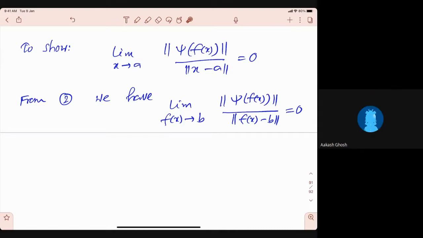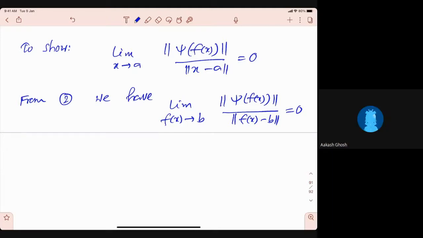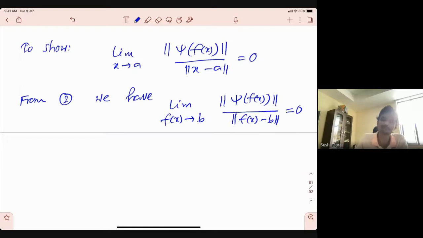Is this fine? Sir, could you please explain why this will not cover all the directions? It depends on the range of f. Right? So suppose f goes from R3 to R1, one dimension.